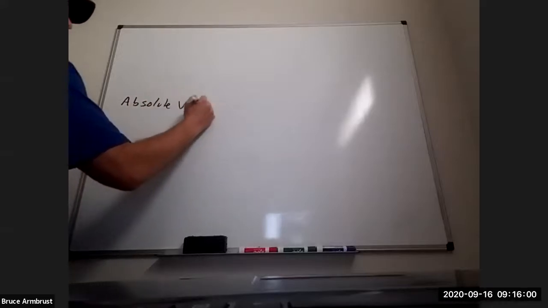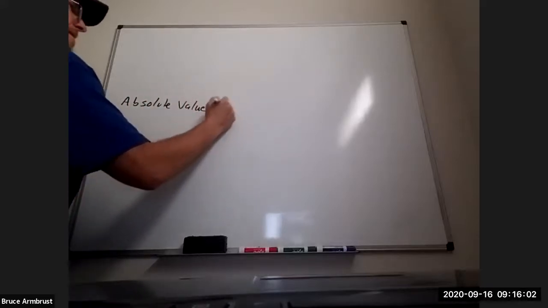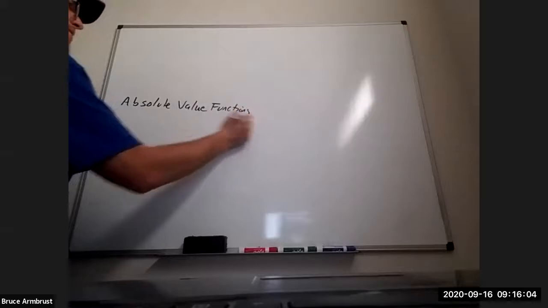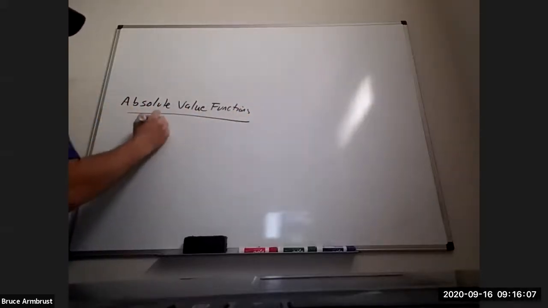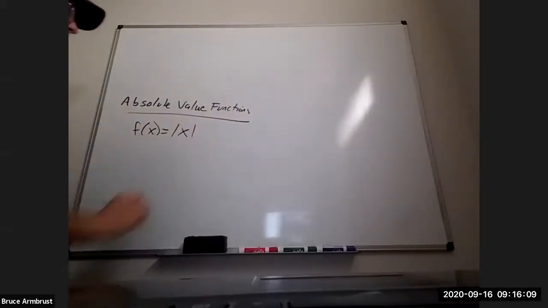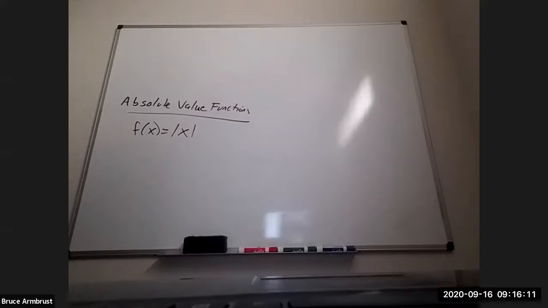No, we're good? Okay. So next one on our list are absolute values. These are the ones that just look like f of x is equal to the absolute value of x.